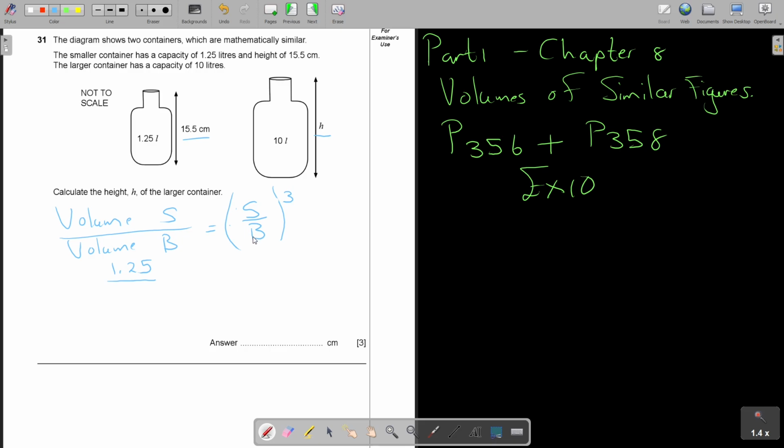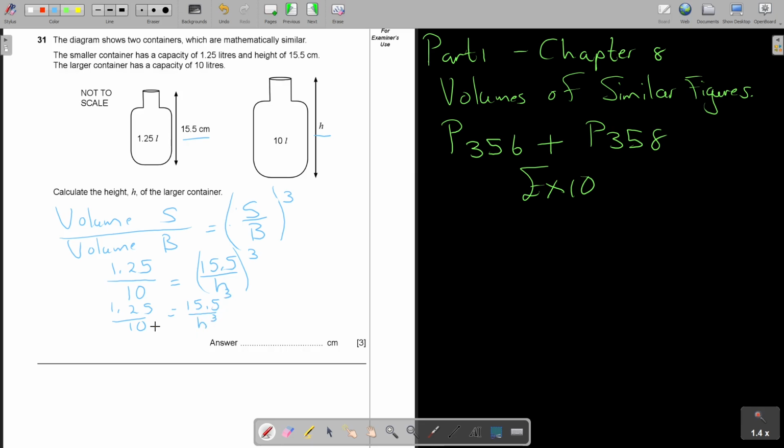So it's over 10. And the small side is 15.5, and that is h. And that is to the power of 3. So it's 1.25 over 10, and I'm going to say 15.5 to the power of 3 over h cubed.